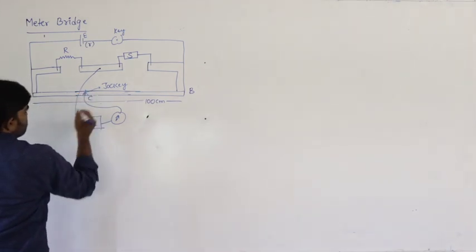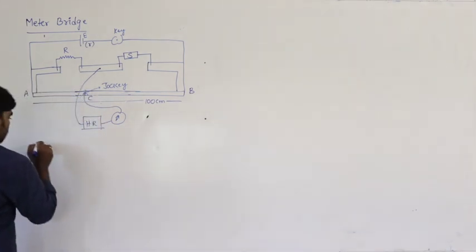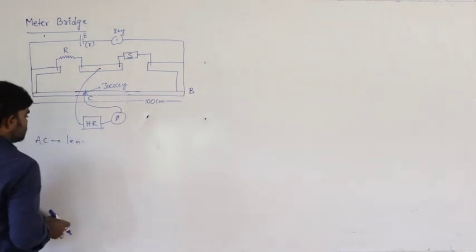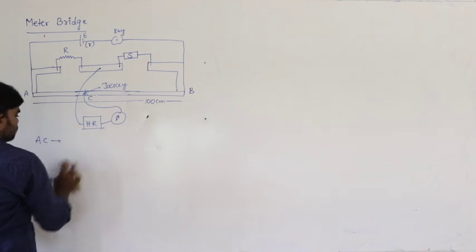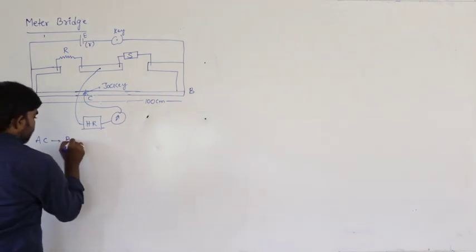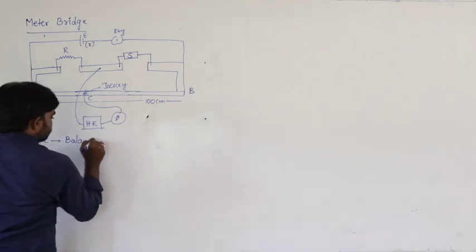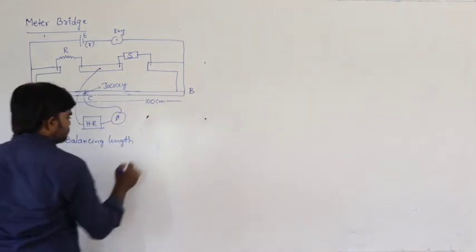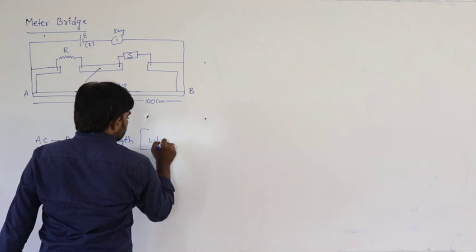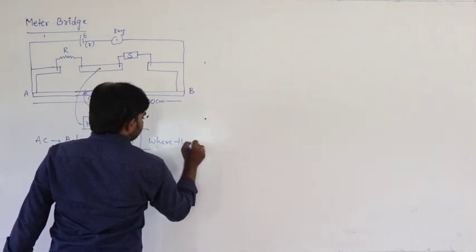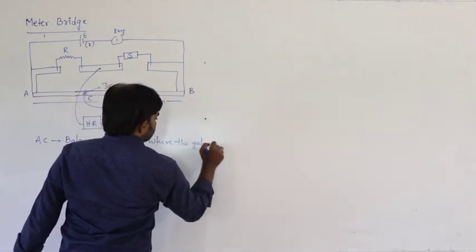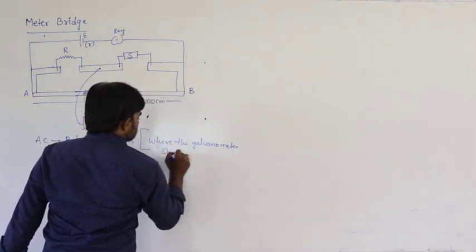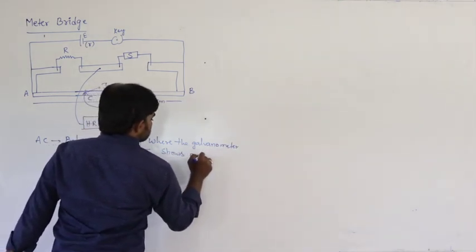Let us say it is C. So AC is the balancing length. Balancing length means where the galvanometer shows null deflection.